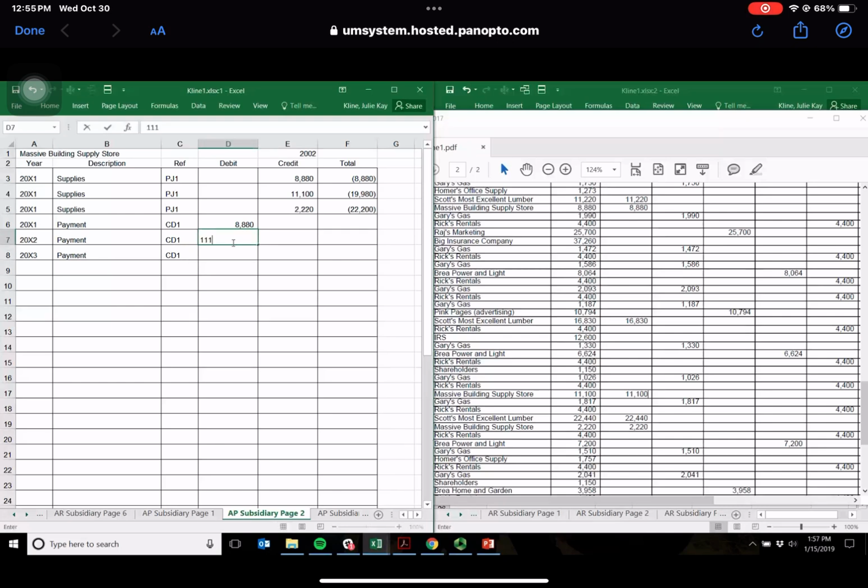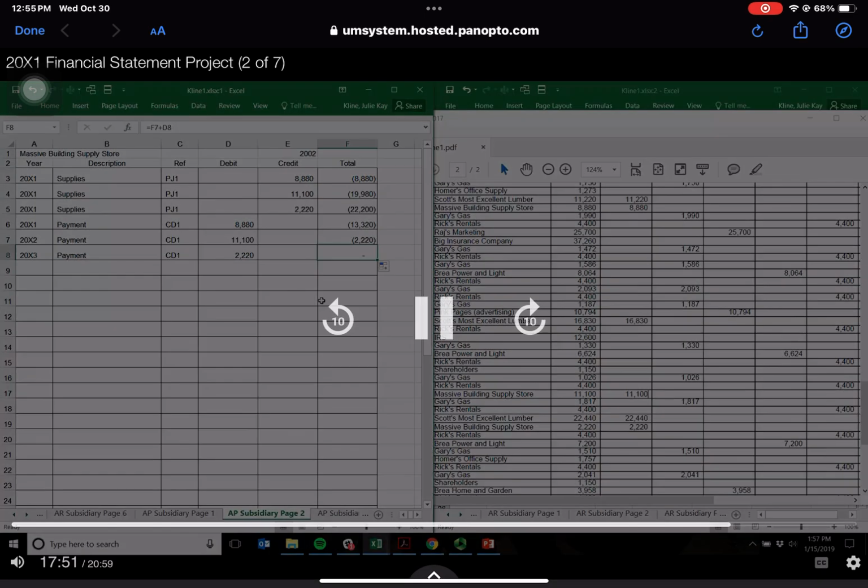Massive 11,100 and Massive 2,220. So it looks like Massive we paid off and took it to 0 at the end of the year. So this is a good example because what we're going to do later on in the project is a reconciliation of the AP subledgers to the AP control account, that main account.